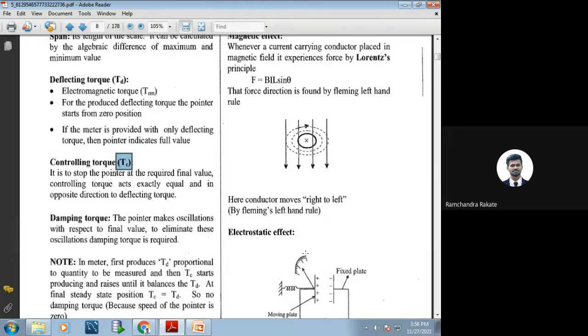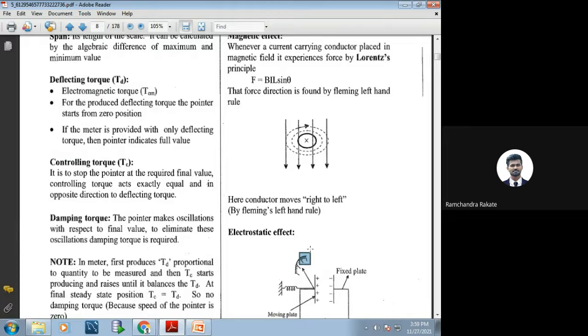Here we use the generalized term electrical quantity, but it might be current, voltage or power, anything. The functionality of the pointer, deflecting torque and controlling torque always remains the same.